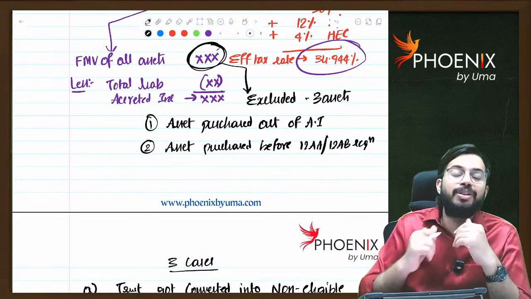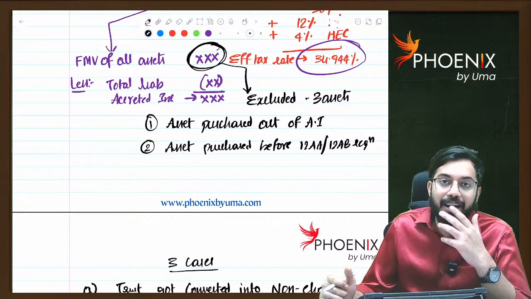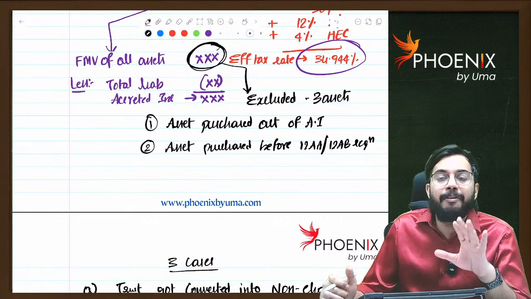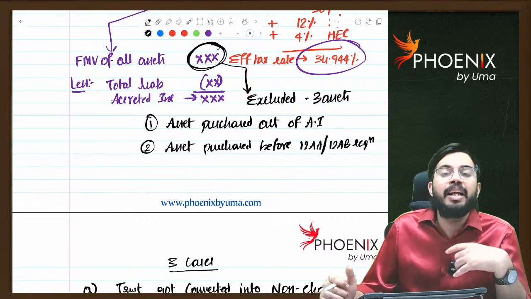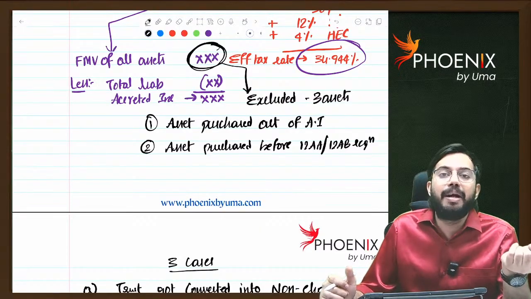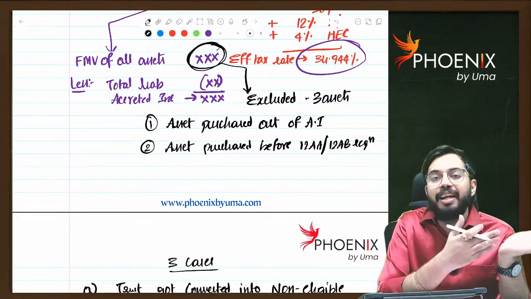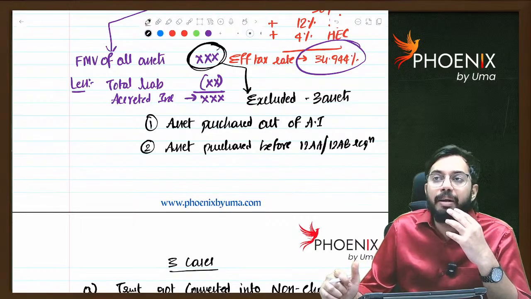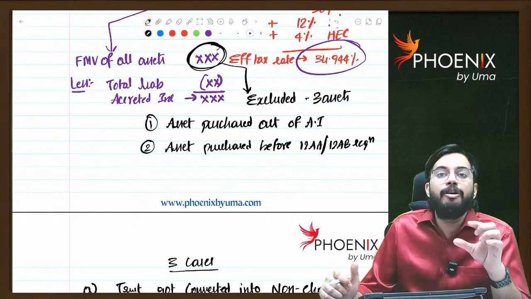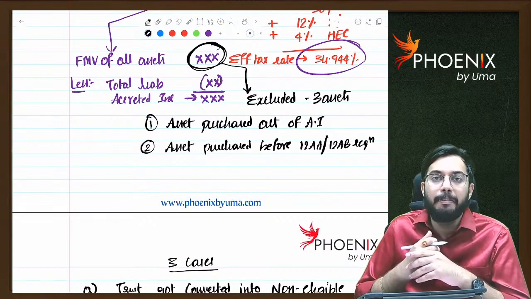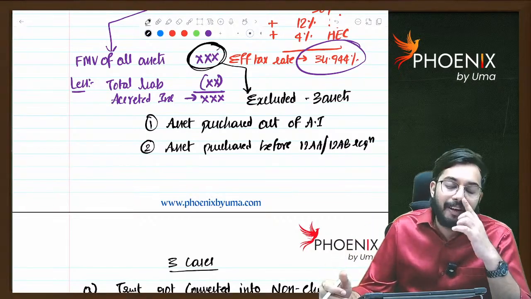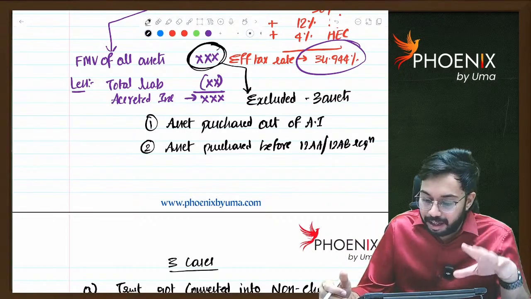Before that date, there is no concept of 11 and 12 exemption, right? So if you purchase any asset before obtaining registration, that asset is purchased out of tax paid money. Already you paid tax in earlier years. Now again, why will they levy maximum marginal rate? That's why that asset is to be excluded while you are calculating accreted income.